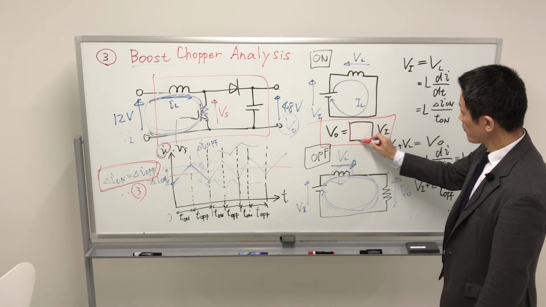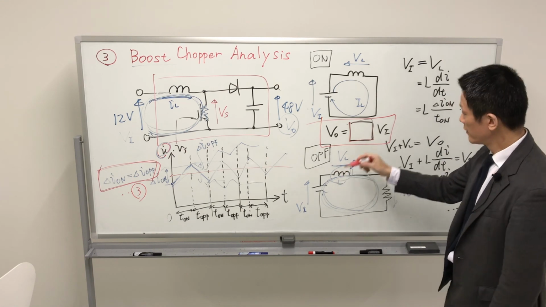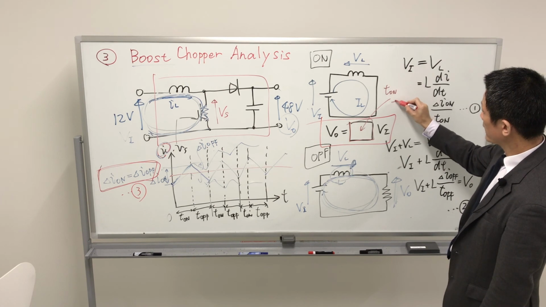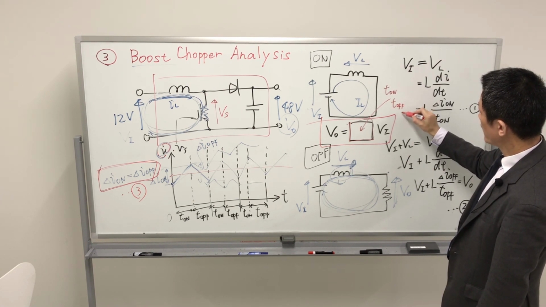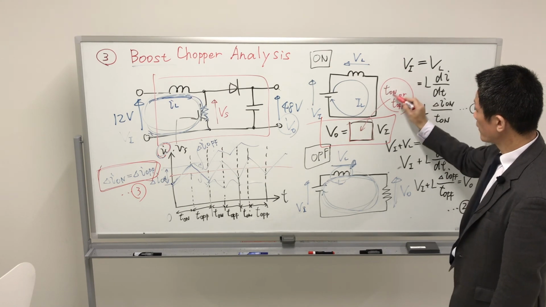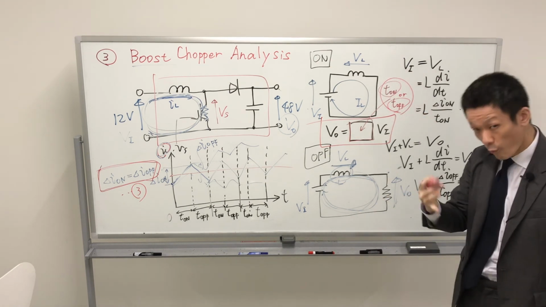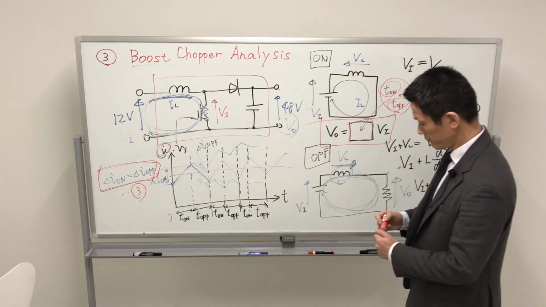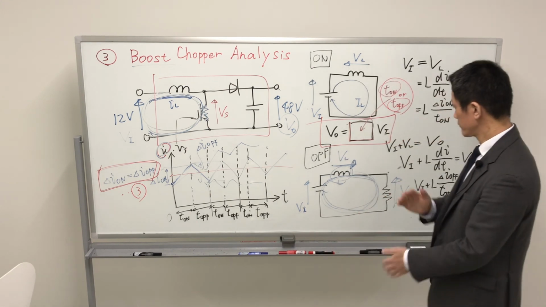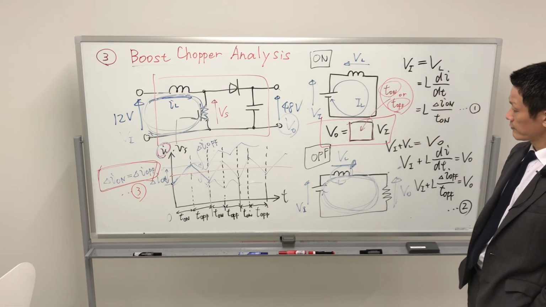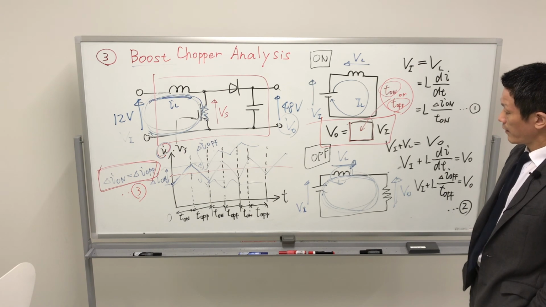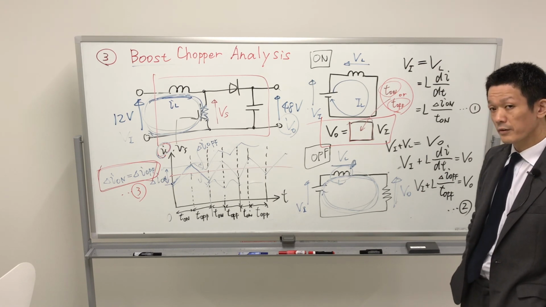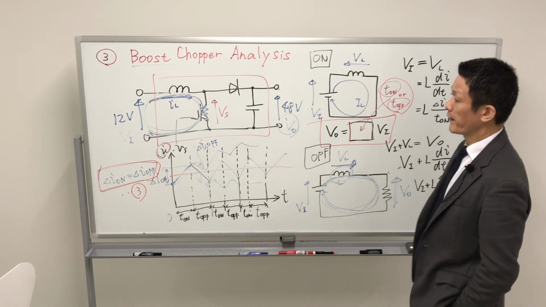In the black box, white box, black box, using only T on or T off, or please use this one or this one only, okay? Please calculate. I'm very hungry, so the answer will be shown in the next lecture.